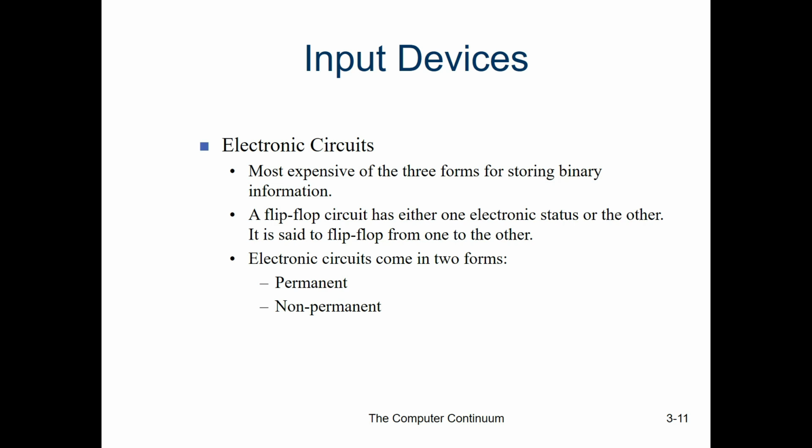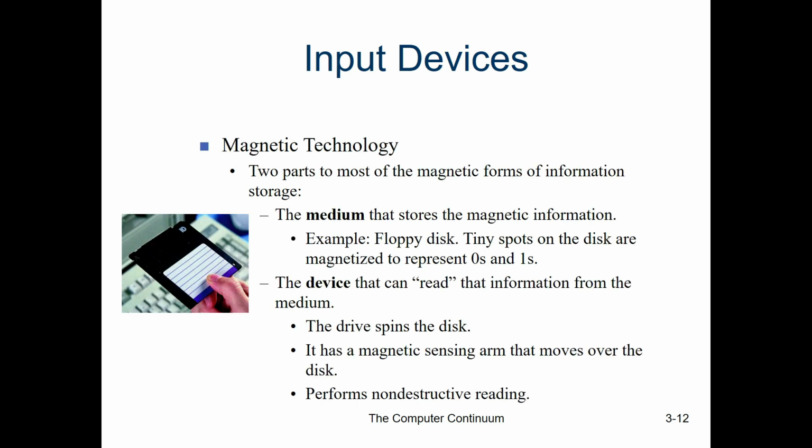On the other hand, we have non-permanent, like RAM, random access memory, a type of memory where if the power goes off in a computer, the data in the RAM will be removed. So these are the two basic forms of electronic circuits. All right, next we have magnetic technology.